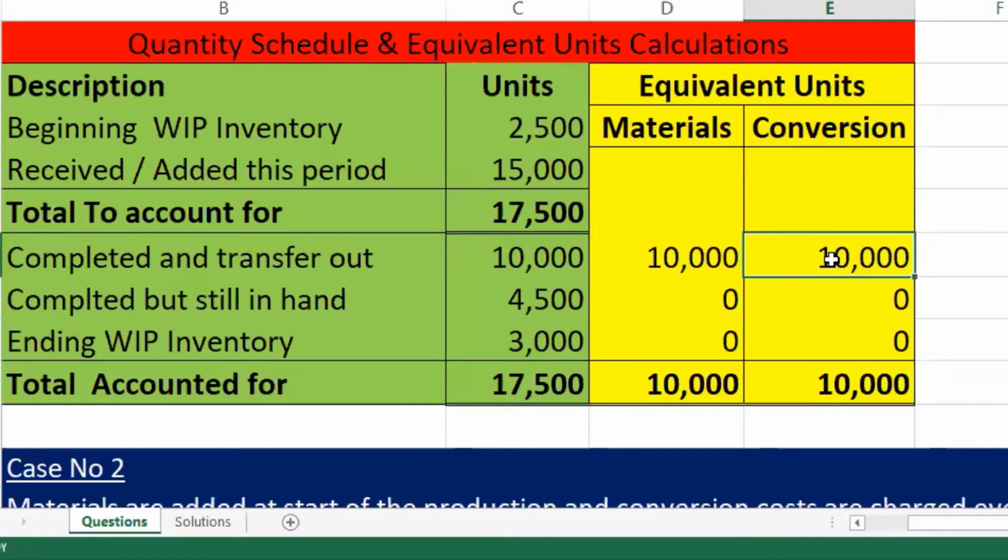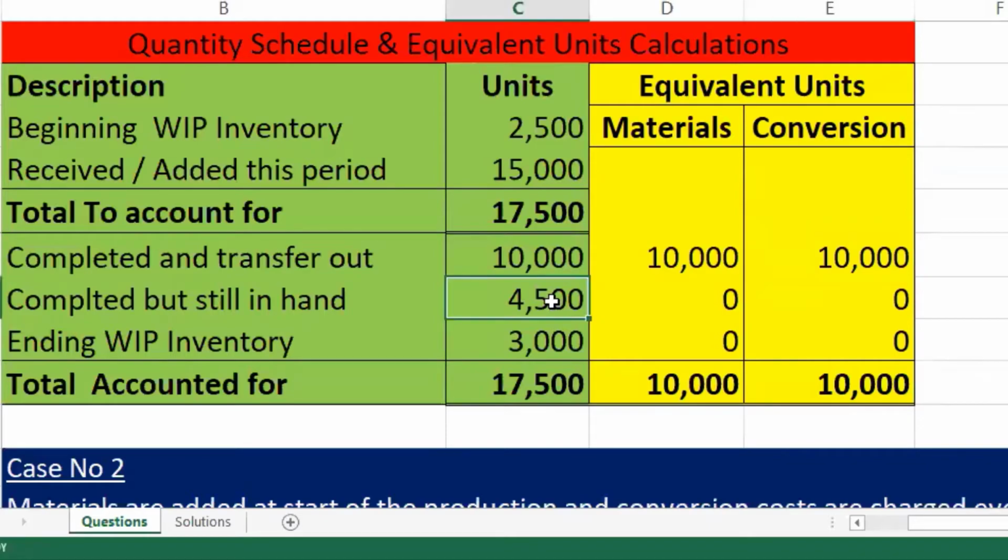Conversion cost has been applied 100% to completed units. So simply multiply 10,000 with 100% and we will get 10,000 units, or simply you may write 10,000 units in front of all cost elements.